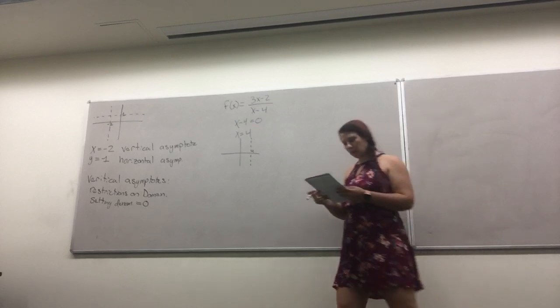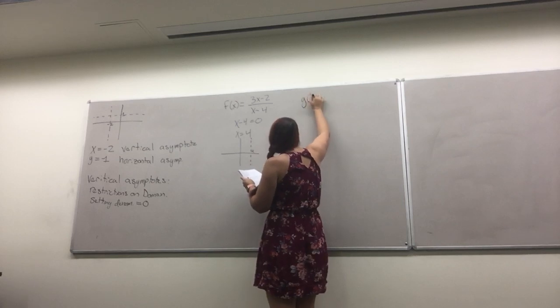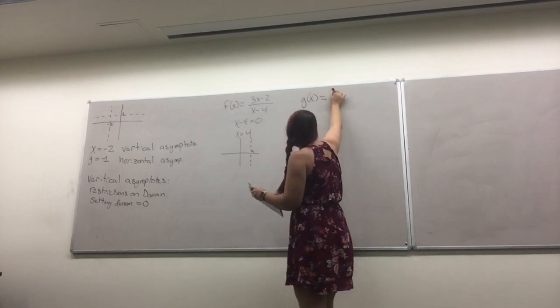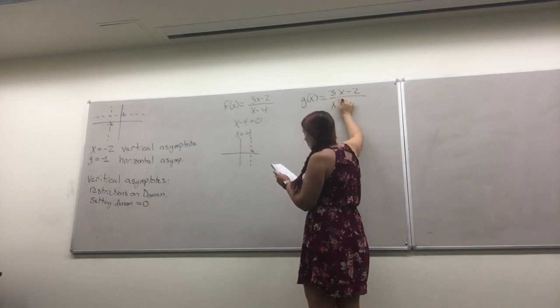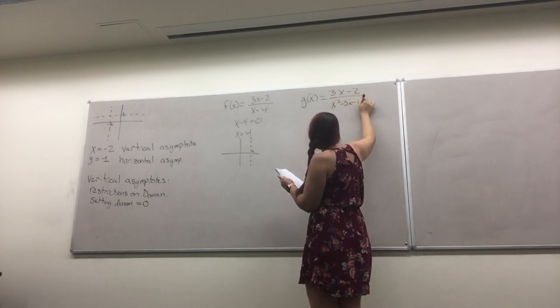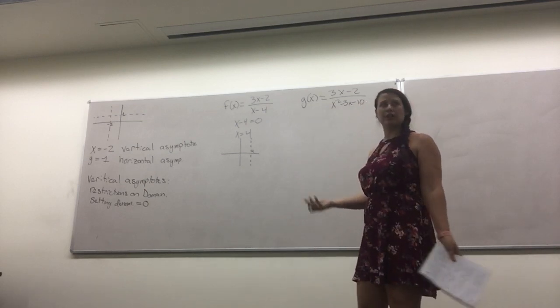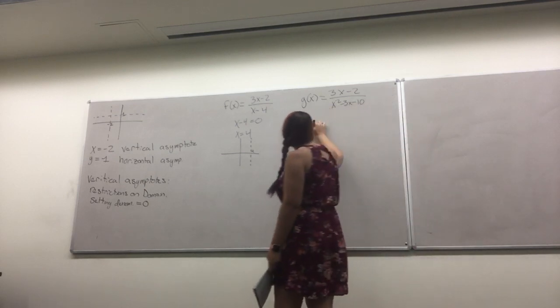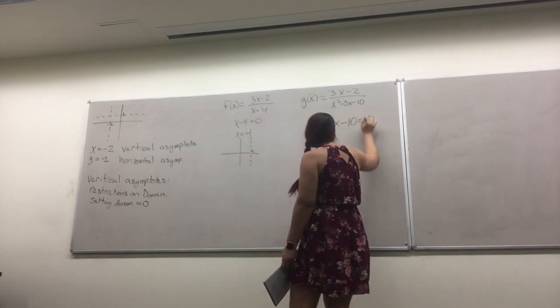Okay? And then if we were given g of x is equal to 3x minus 2 over x squared minus 3x minus 10, again, just set the denominator equal to 0. So x squared minus 3x minus 10 is equal to 0.